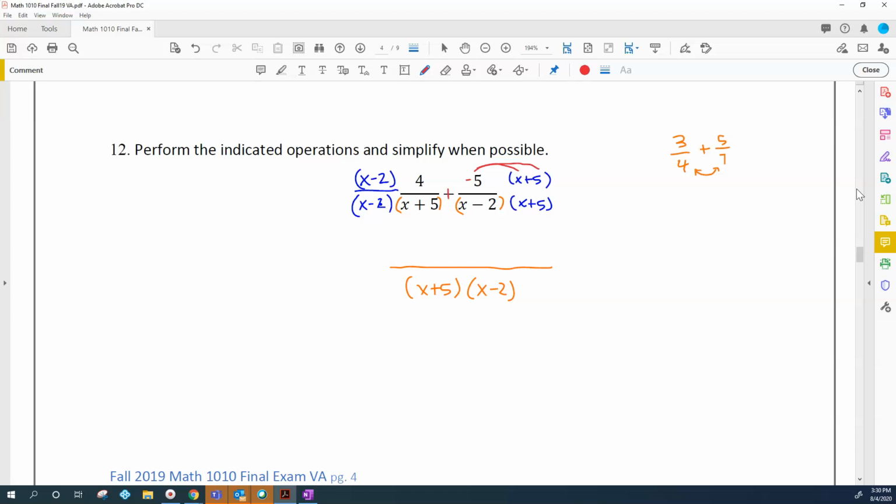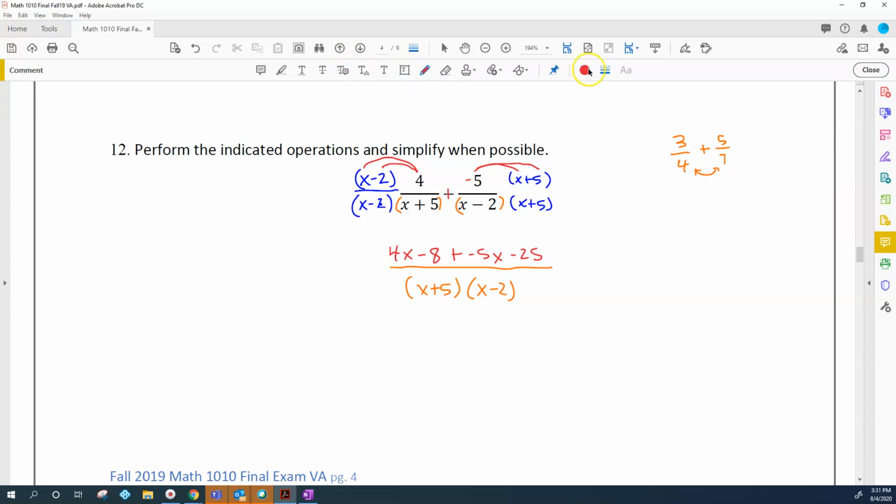Because sometimes people will remember to put it through the first one, but not the second one. And that changes your answer completely. That negative 5 has to be distributed to both. And over here, our 4 needs to be distributed to both. So I'll have 4x minus 8 plus negative 5x minus 25.